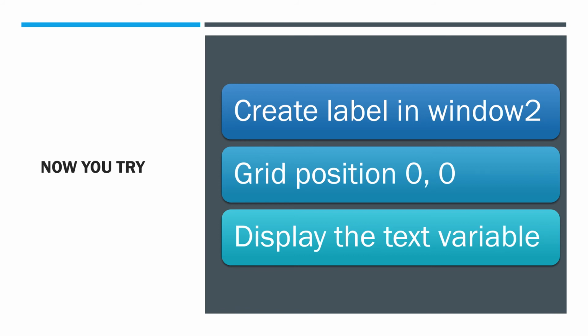Create a label in window 2, and you can position it in that window. I suggest position 0, 0, and display the text variable that you've just created in this window. So see if you can make that happen. Pause the video. I'm going to show you the code for this and the whole completed procedure on the next slide.